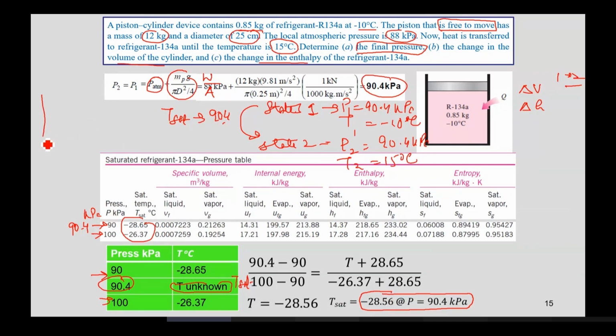Now, if you remember the temperature specific volume plot, if you have this line as 90.4 kilopascal line, and this temperature is essentially minus 28.56, both your temperatures minus 10 degrees centigrade and 15 degrees centigrade, they are above this saturation temperature, so your system lies in the superheated region.